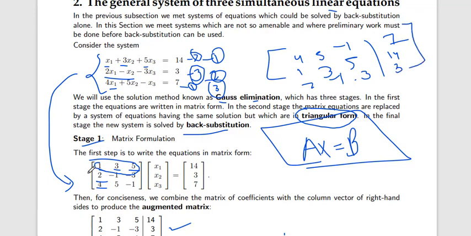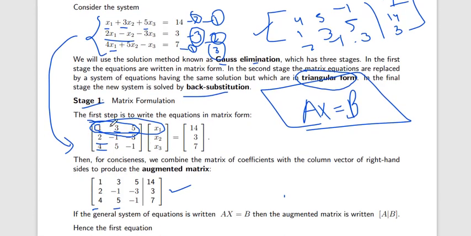If we change one row to another row, the solution values x1, x2 and x3 do not change.